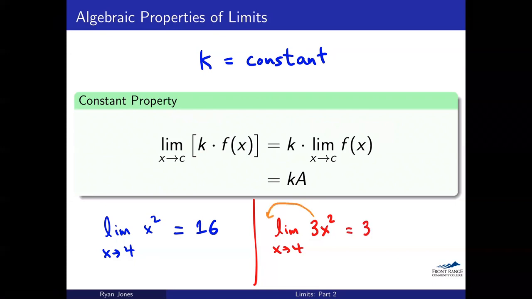I can say that this is equal to 3 times the limit as x approaches 4 of x squared. We just calculated that limit, so we know very quickly that it's 16. And then I can just multiply it by 3.